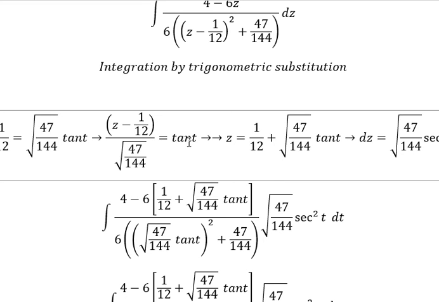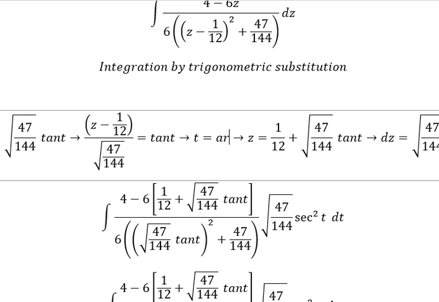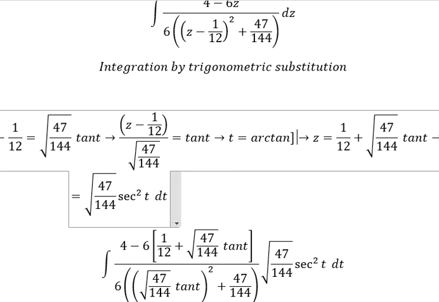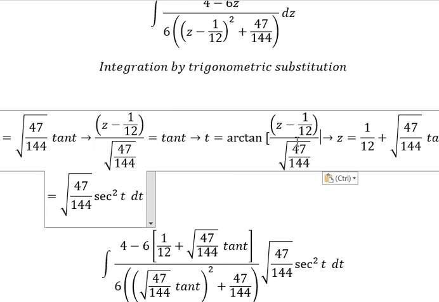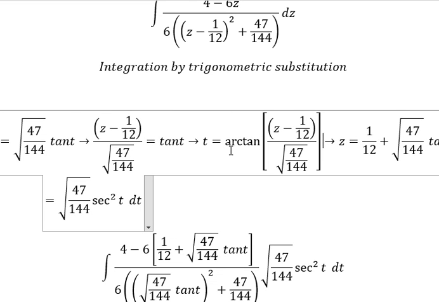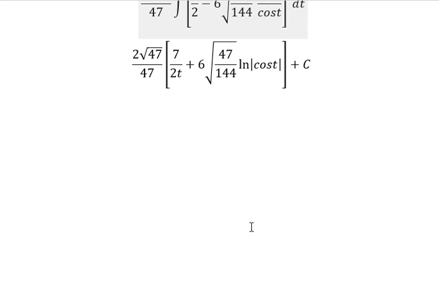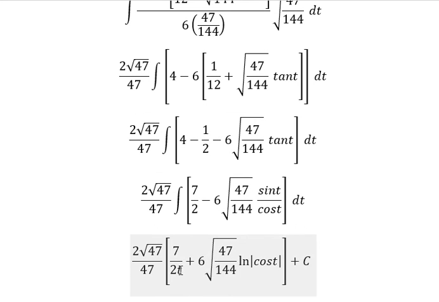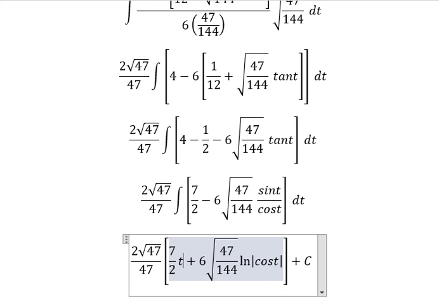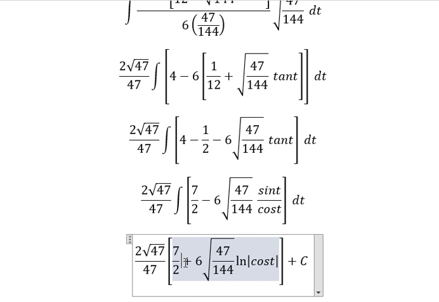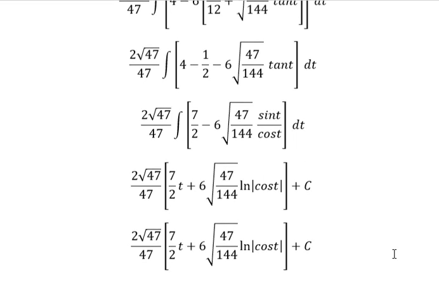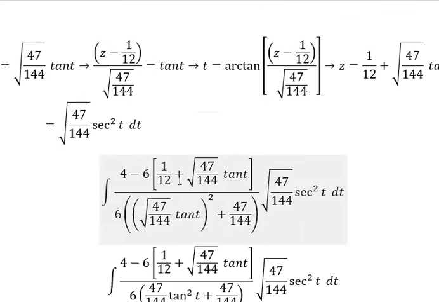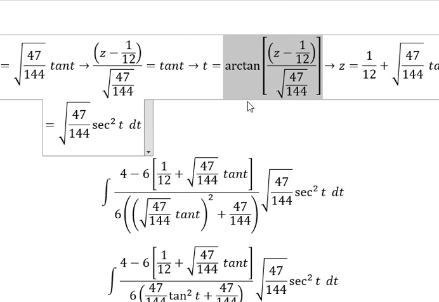And now we have t equals arctan of this one. So I will put this one to change for t. T should be in here. So t we change by this one.